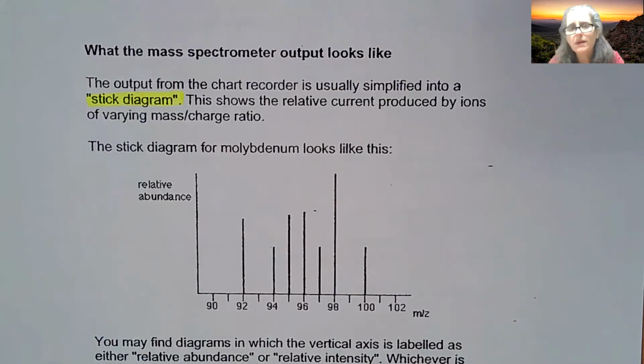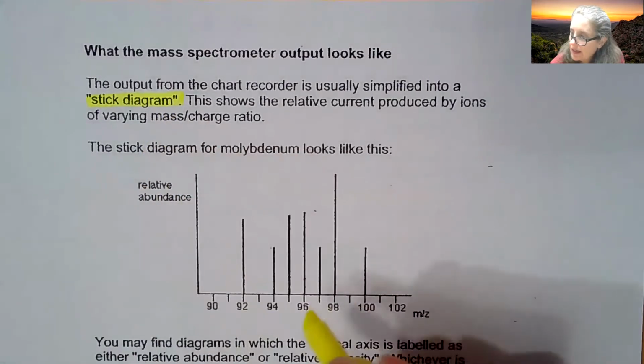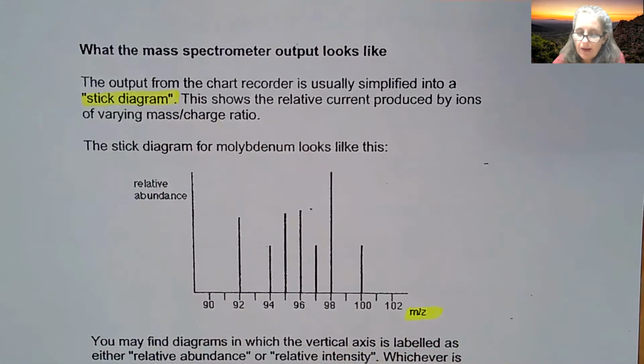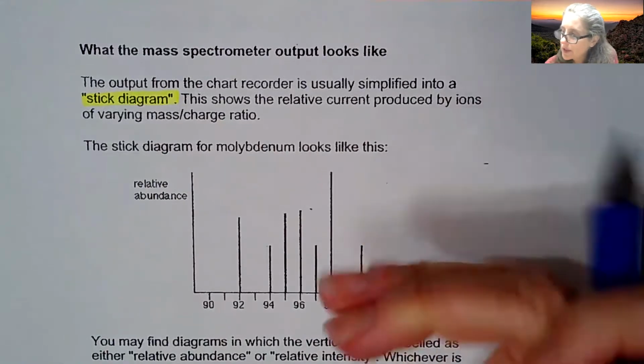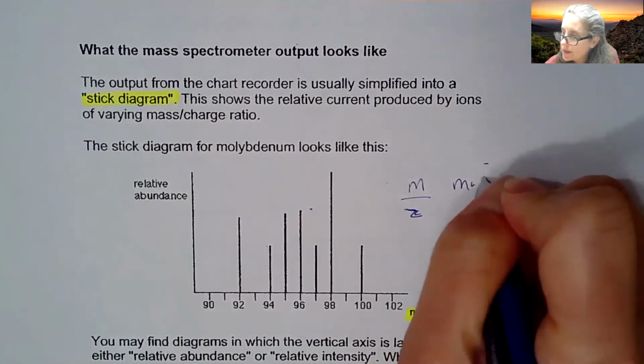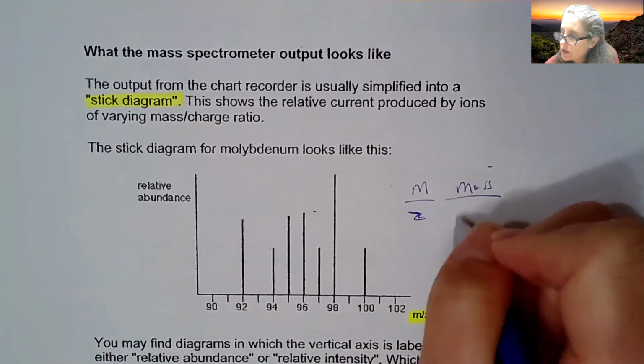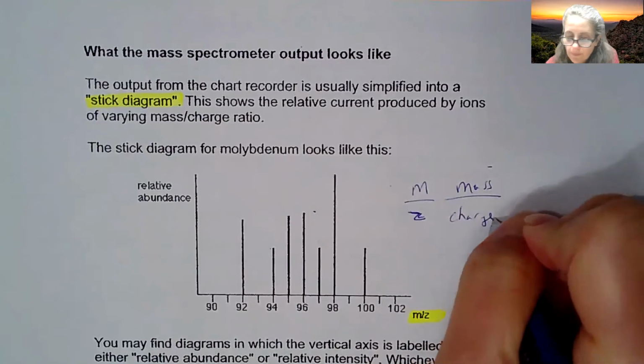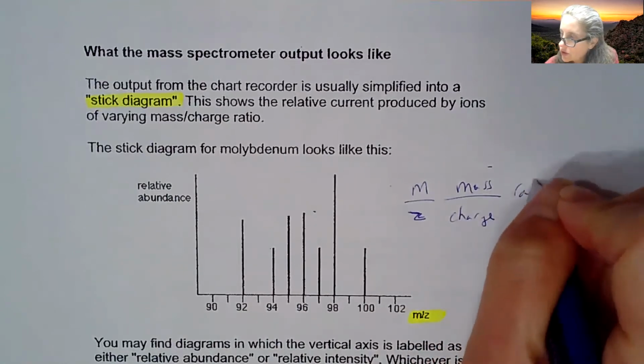So the mass spec, the spectra that you get out, is called a stick diagram, and it'll be very easy to see exactly why it's called a stick diagram in a second. What you're going to see on the x-axis is something called M over Z, and M over Z stands for mass to charge ratio. So M is the mass, Z is the universal symbol for charge, and it is called the mass to charge ratio.